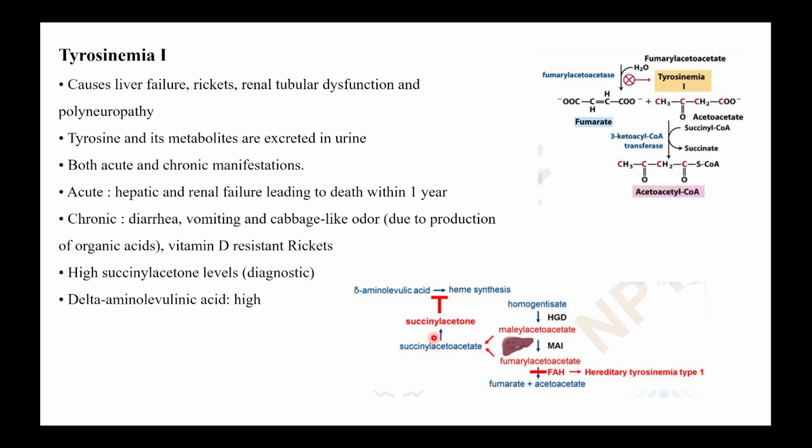That means in case of tyrosinemia type 1, where fumaryl acetoacetate hydrolase is not working, succinyl acetone will keep getting accumulated, as well as delta aminolevulinic acid. Okay. And there will be a heme depletion as well. Okay. So these are different manifestations and features of tyrosinemia type 1.